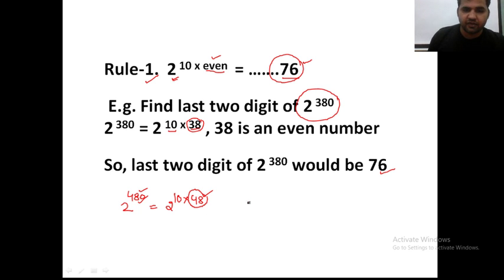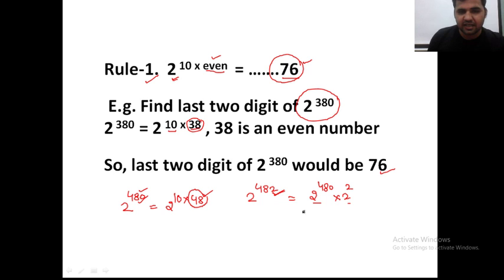Now what if I ask you to find the last 2 digit of 2 raised to power 482? What will be the answer in this case? Now this number cannot be divided by 10, or you can say this number is not a multiple of 10. But what you can do is write this number as 2 raised to power 480 into 2 raised to power 2. Using the rules of indices, the base is the same, so the powers get added.